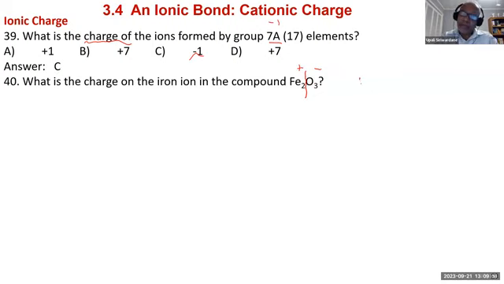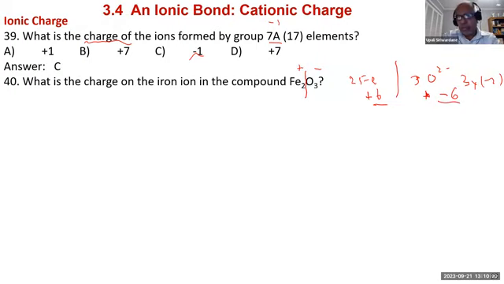Fe2O3 is made up of 2 Fe ions and 3 oxide ions. Oxide is -2. How do I get -6? 3 times -2. Therefore, this side should be positive 6 because these two should be balanced.